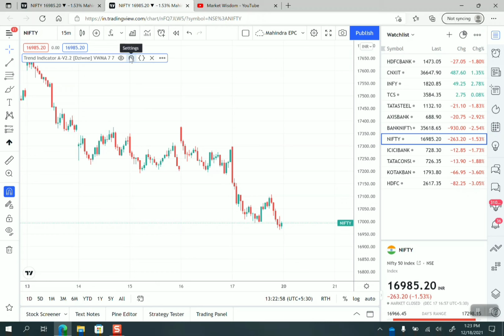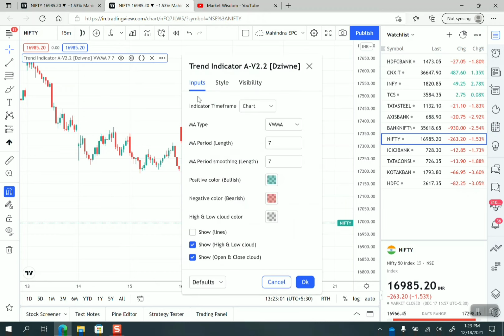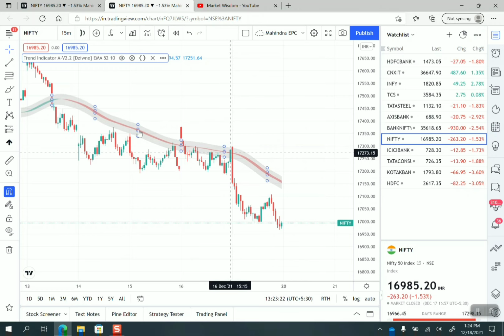We can add 3 indicators, and this is the free one. For the moving average type, we will select EMA, and for the moving average period length, we will select 52. And for the MA period smoothing length, we will select 10. We will set OK. So this is the first indicator that we added.